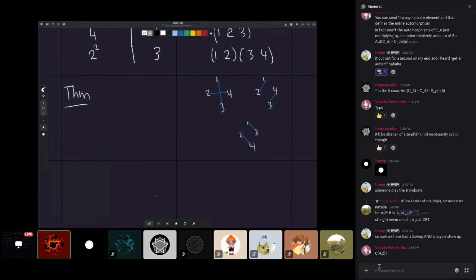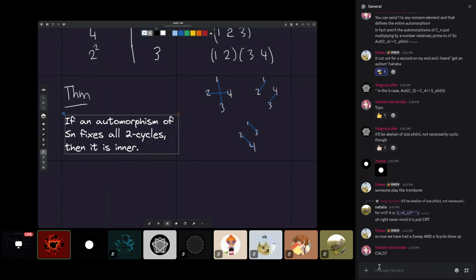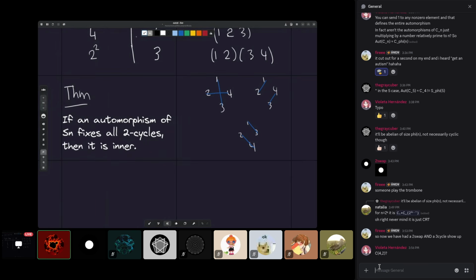If an automorphism of Sn fixes all 2 cycles, then it is inner. And that's not entirely obvious.